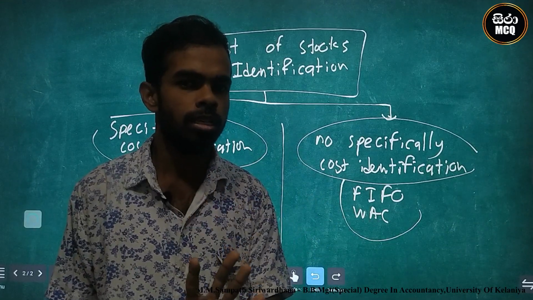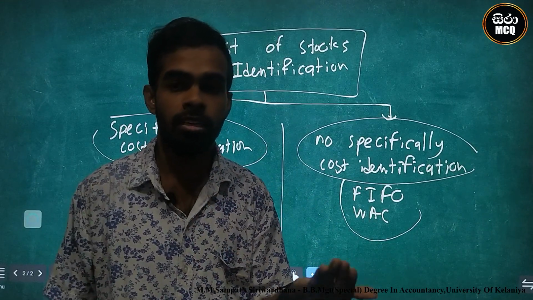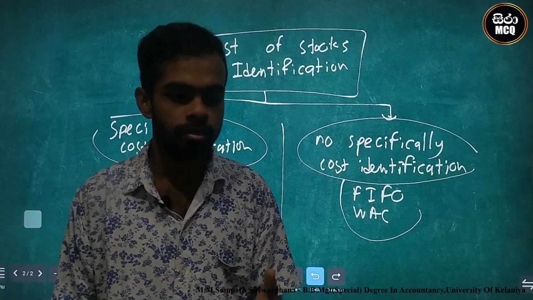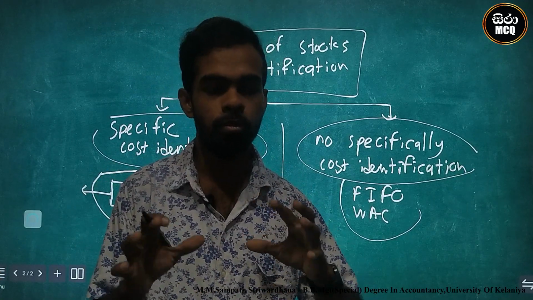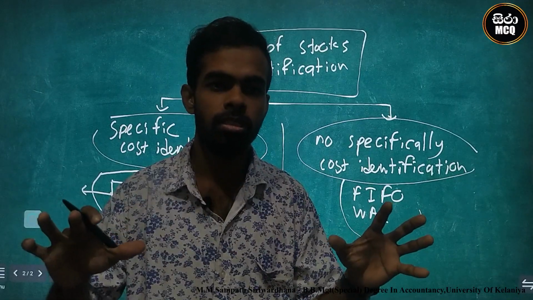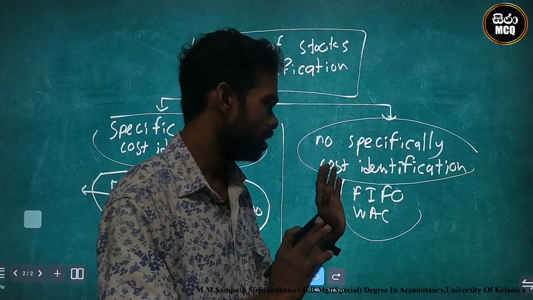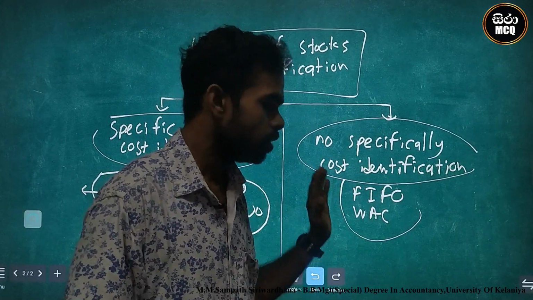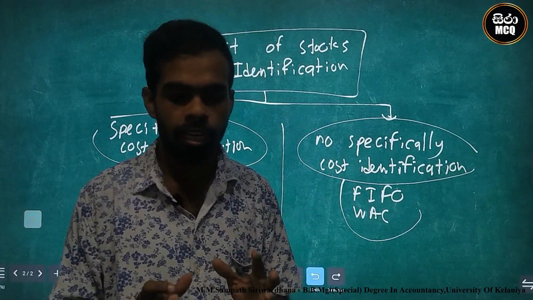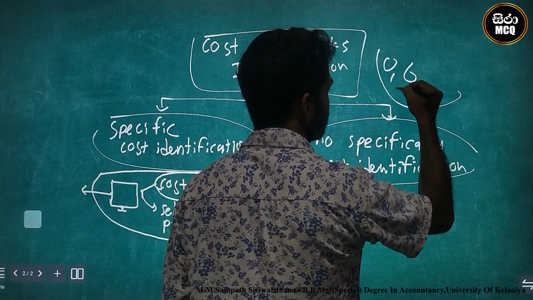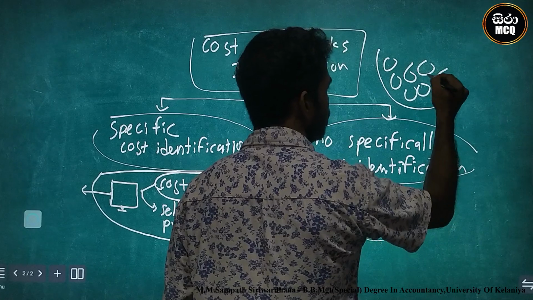Why? Actually we cannot find the cost of the firstly purchased items. In some huge businesses there are so many stocks that they cannot be specifically identified, so they use the FIFO method. Why? All items are in one bucket, for example apples.